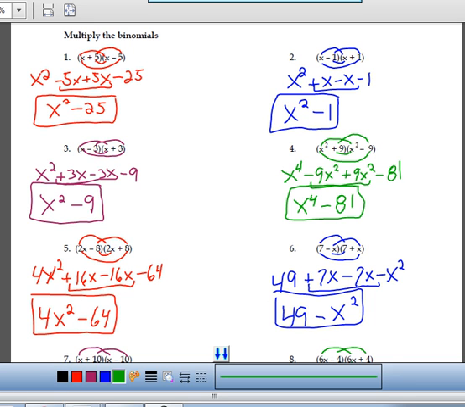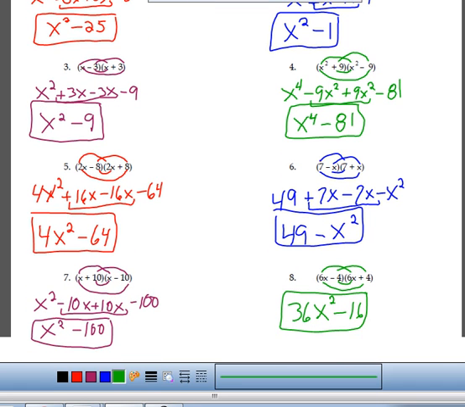And actually, let me go all the way down to the bottom. I could make the same statement about this last one as well. Both 36 and 16, we can factor out a 4 from those and make it an even more simplified answer. Anyways, so these are examples of the difference of perfect squares.